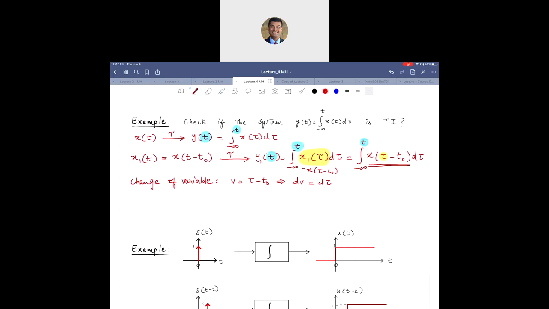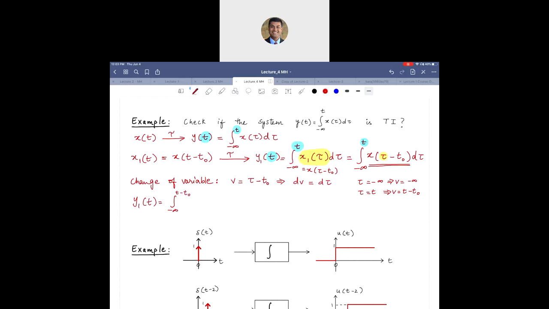So let's take a look at the limits. When tau equals negative infinity, our v is going to be negative infinity because v is tau minus t0. And when tau equals t, for the upper limit, we get v to be t minus t0. So our integration now for y1 is going to turn to integration from negative infinity to t minus t0.